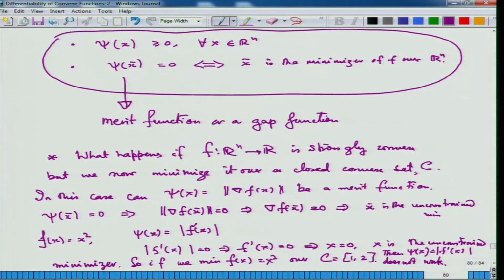Because here the minimizer is obtained at 1; x equal to 0 is not the minimizer, because x equal to 0 is not even feasible.